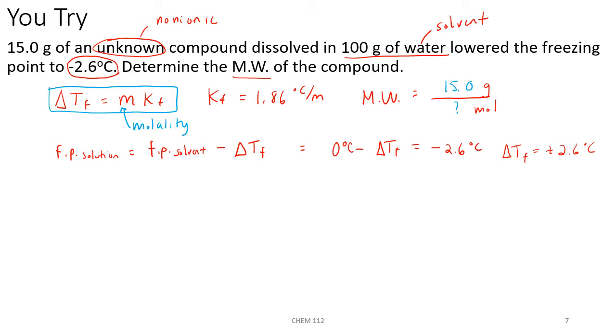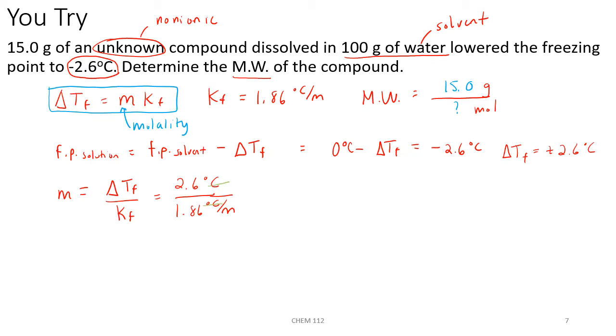So when we plug that into our formula, we want to make sure that we use a positive value, because molalities should never be negative, and the freezing point depression constant should also never be negative. If we rearrange and solve for the molality, molality will be equal to delta TF divided by K sub F. We know delta TF is positive 2.6 degrees C, and KF is a constant, 1.86 degrees C per molal.